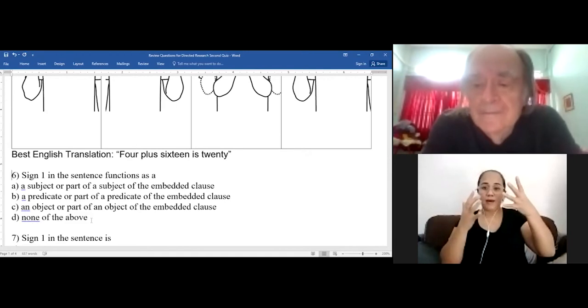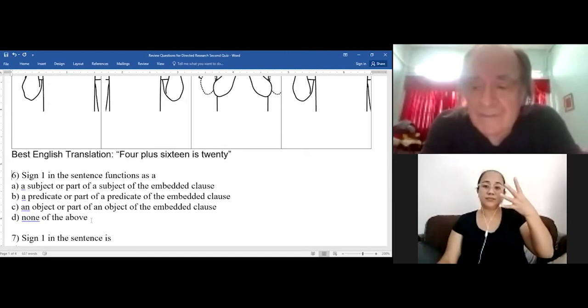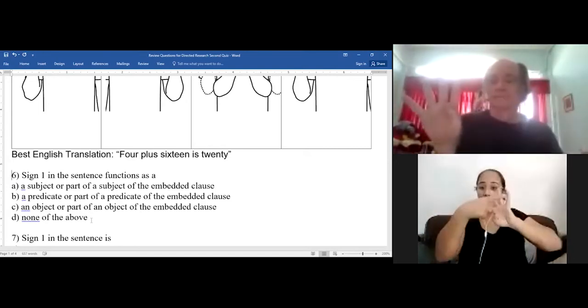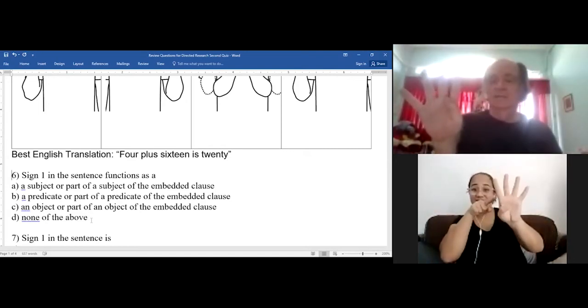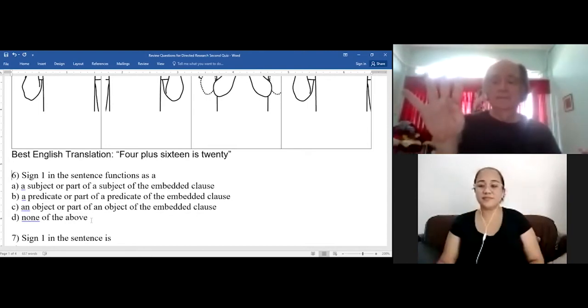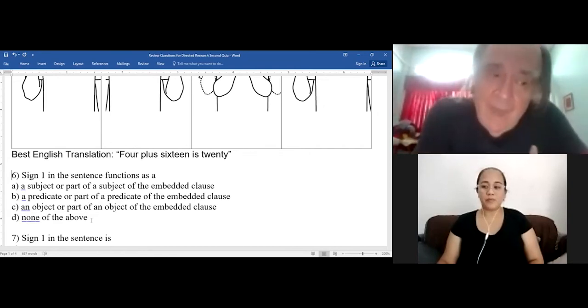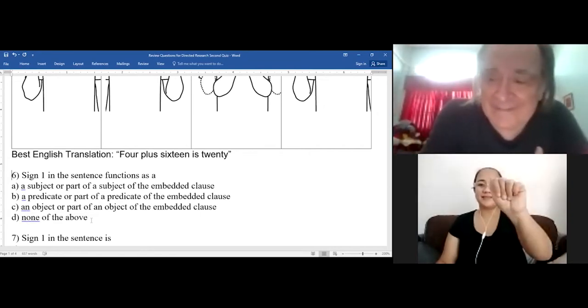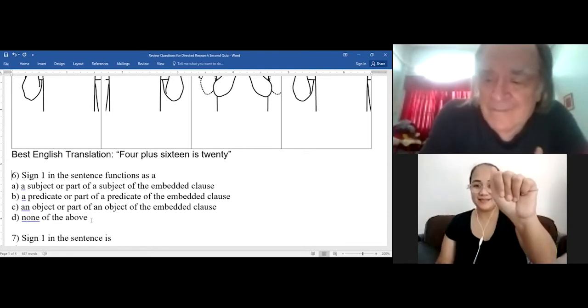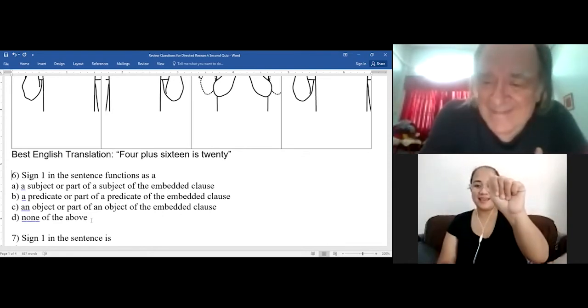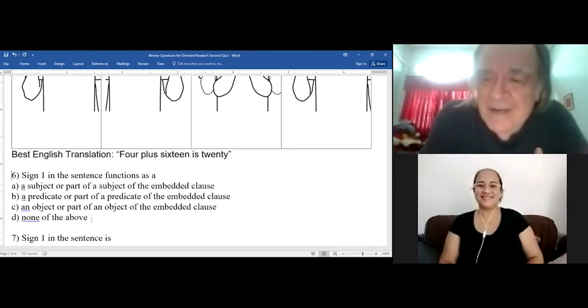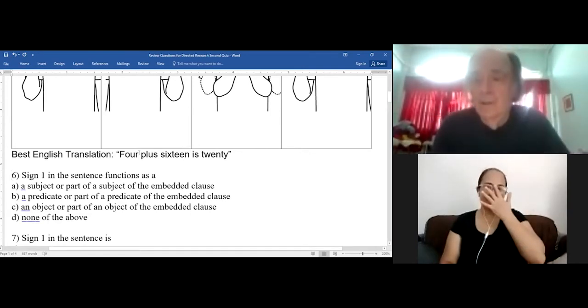Peebs is saying A, Nat is saying B. Nat is still B, everyone else is A. I thought it was sign 4, right?